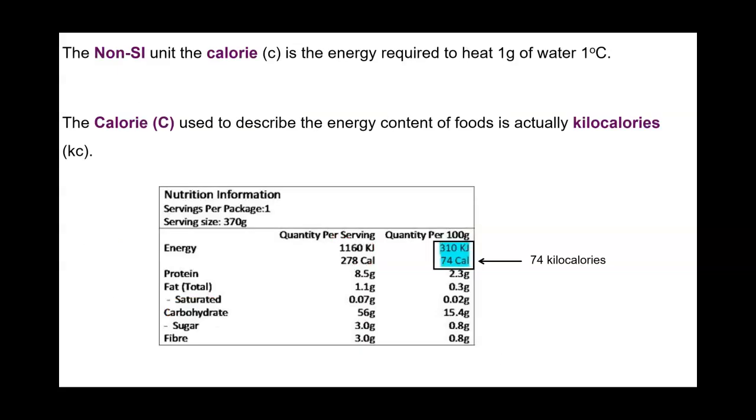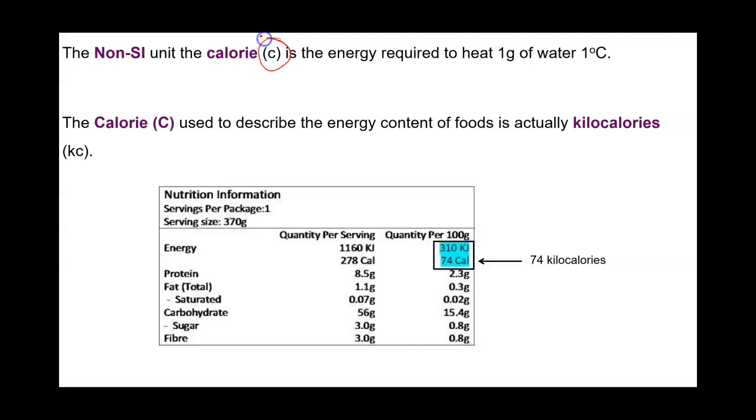Commonly, and your book loves to use this unit, the non-SI unit, the calorie, is used to describe energy changes. The calorie is defined as the energy required to heat 1 gram of water 1 degree Celsius. Now, it's a little bit confusing because there are actually 2 types of calories.